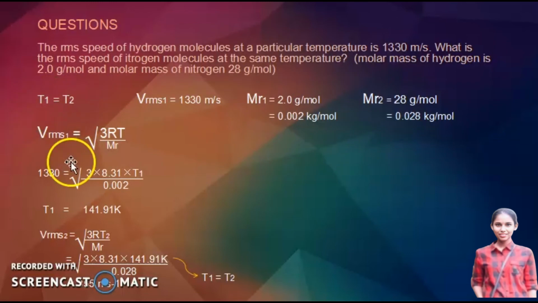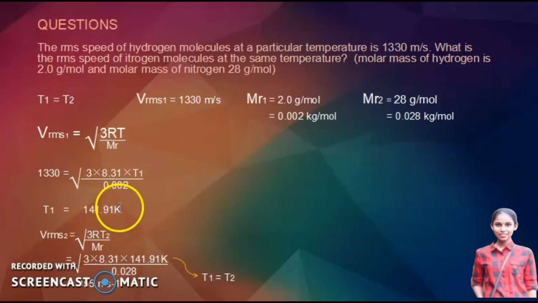As usual use this formula, VRMS1 equals square root of 3RT over MR. Why do we use this formula? Since the question already gives molar mass. Substitute, then we get T1, which is 141.91 Kelvin.